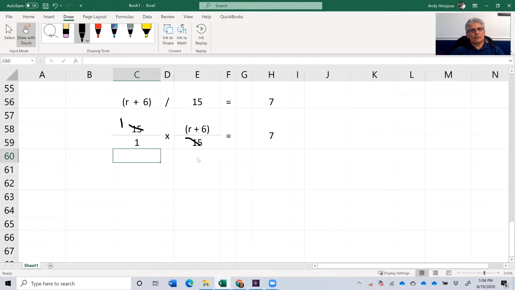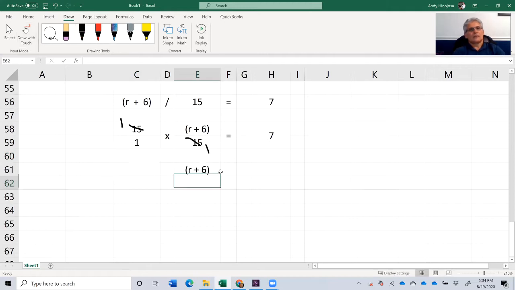So this will be a 1, and this will be a 1. What's left is r plus 6 equals, well, whatever we do to the left side of the equation, we have to do to the right. So I'm going to take this and multiply it by 15 over 1, just like I did on the left side.